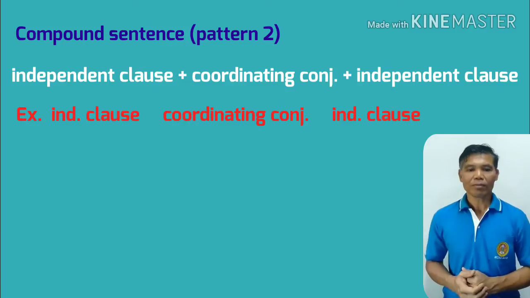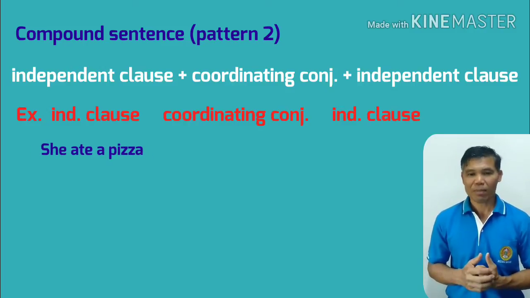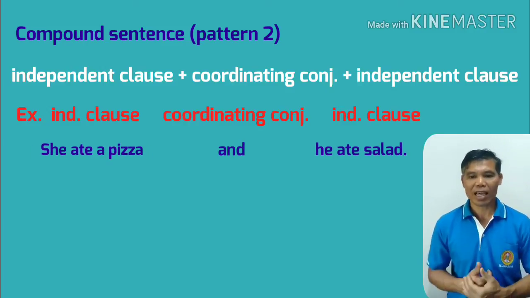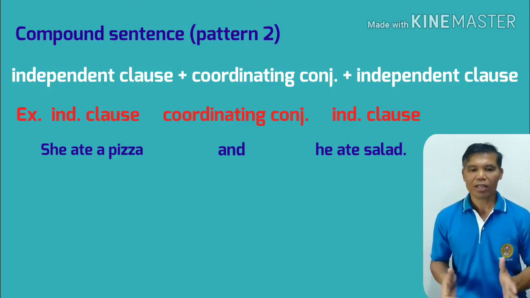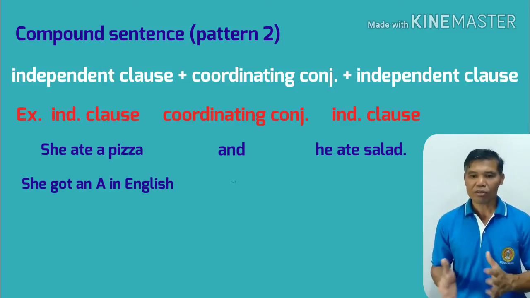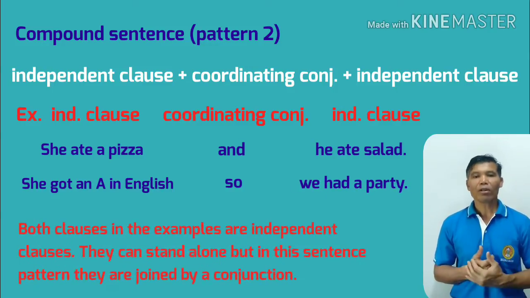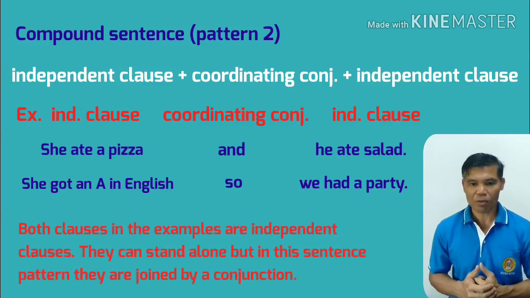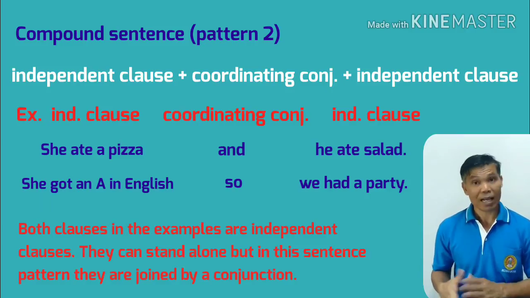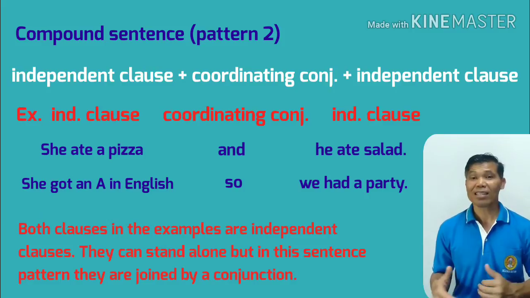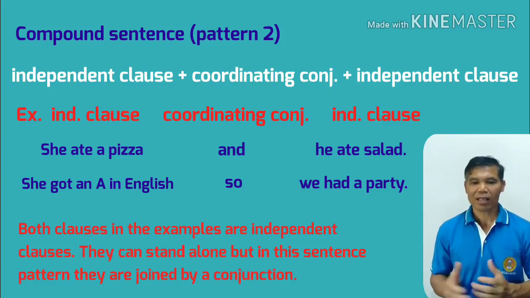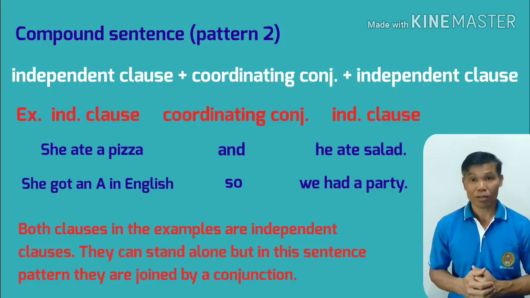For example, she ate a pizza and he ate salad. She got an A in English, so we had a party. Both clauses in the examples are independent clauses. They can stand alone again, but in this sentence pattern, they are joined by a conjunction.